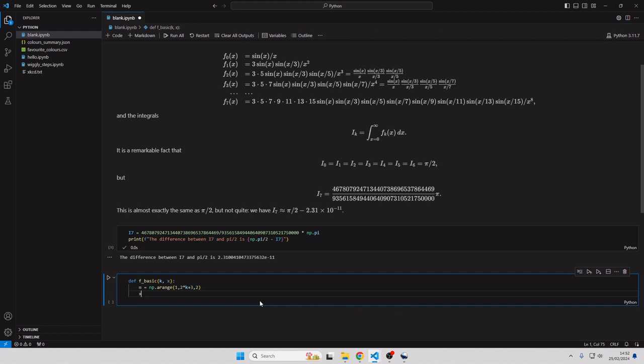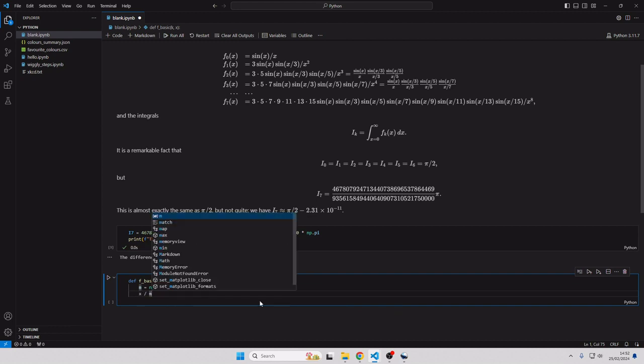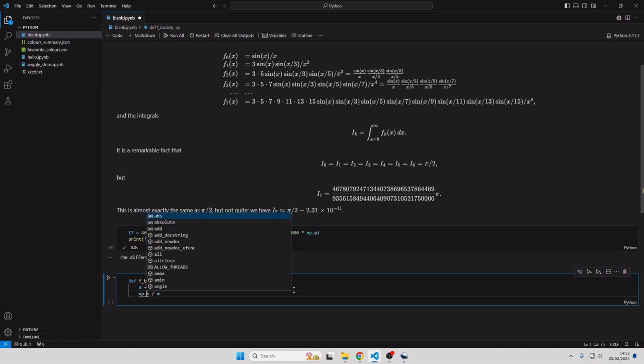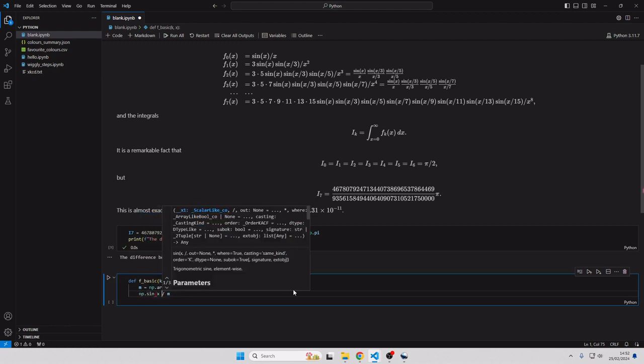So then we can do x over m. x is probably just a scalar here, and then we divide it by m, which is a vector, so it gets broadcast. What you actually get is just the list of these things: x over 3, x over 5, up to x over 7, or whatever. Okay, and then because that's a numpy array, we can just apply np.sin to it.